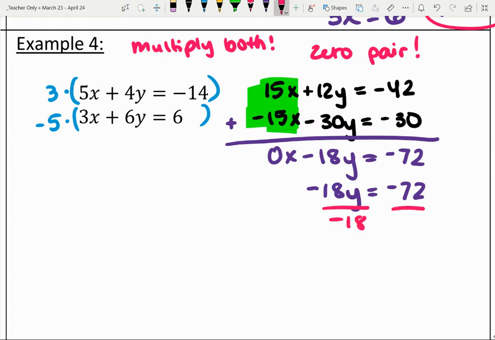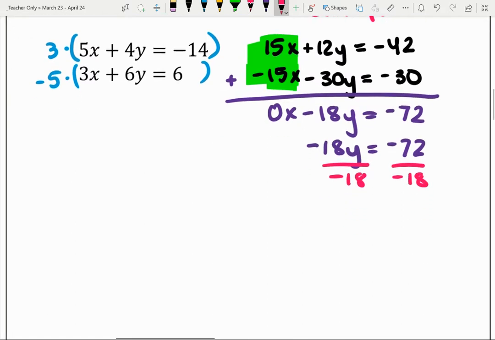Those of you who watched yesterday's video saw that I made a little bit of a mistake here, so I'm going to use my calculator just to be on the safe side. Negative 72 divided by negative 18 is a positive 4. It's a good thing I checked. I was going to say a positive 3. It's a positive 4 though. So we have a y value of positive 4.